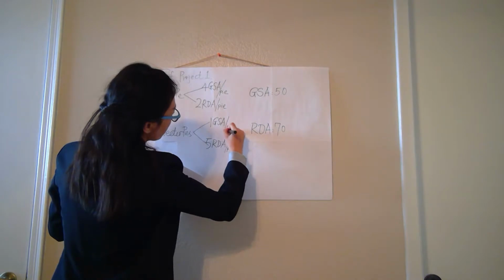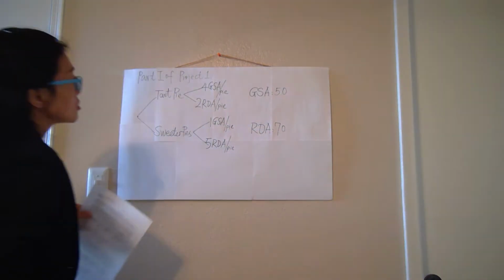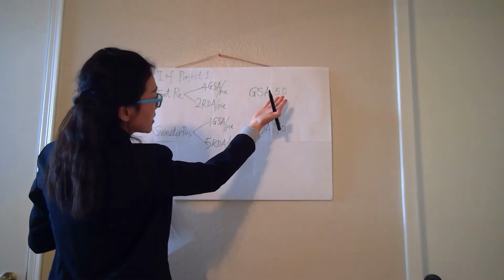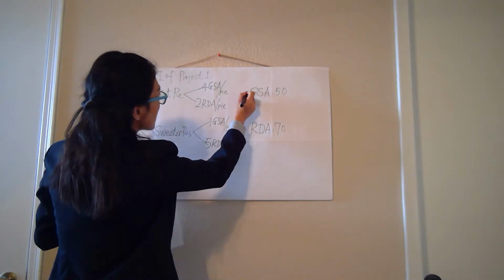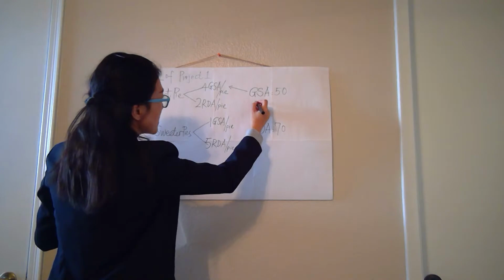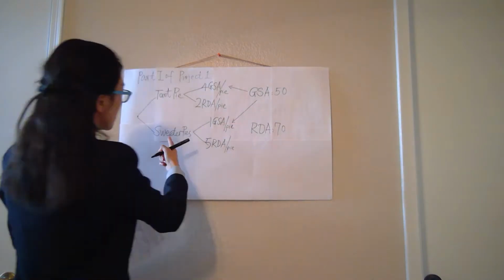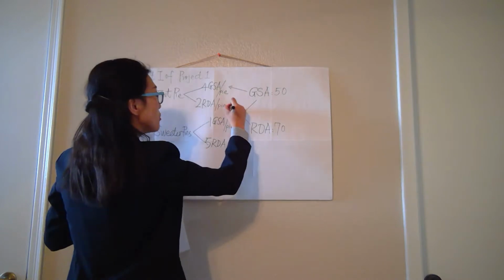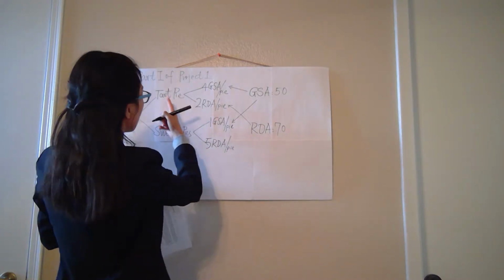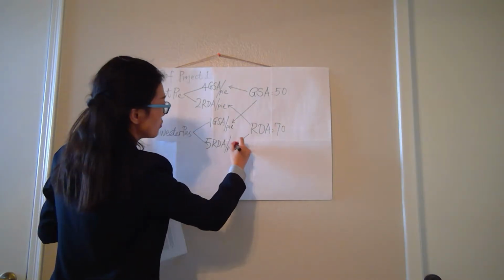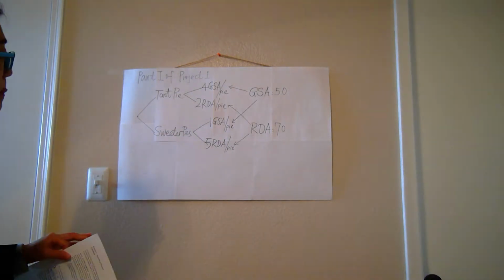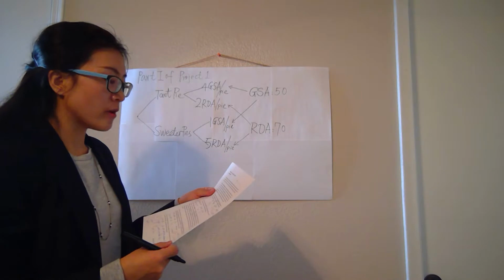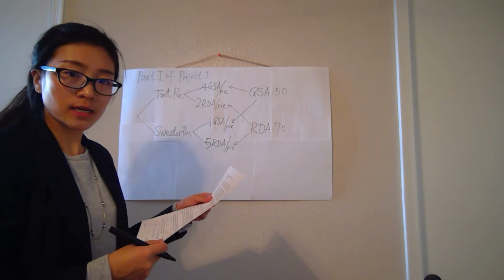In total we have 50 Granny Smith apples, some going to tart pies, some to sweeter pies, and likewise for the Red Delicious apples. Correct?